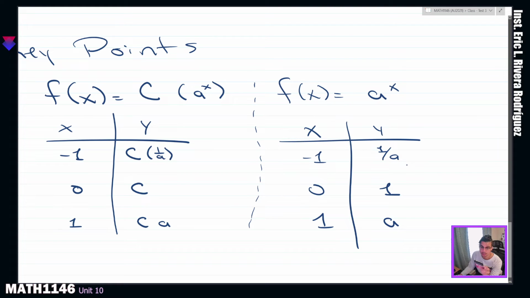When it's 0, it's 1, and when it's 1, we just use the base for the y value. So I'm going to use this one rather than having c representing all the real numbers. For me it's easier to work with f of x equal a to the x. So those are the 3 key points from the parent function.